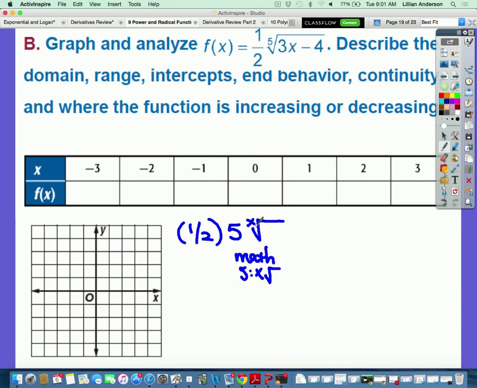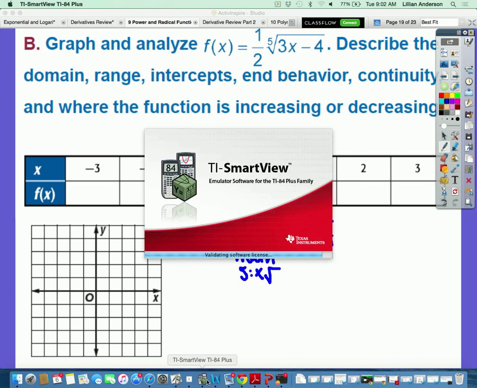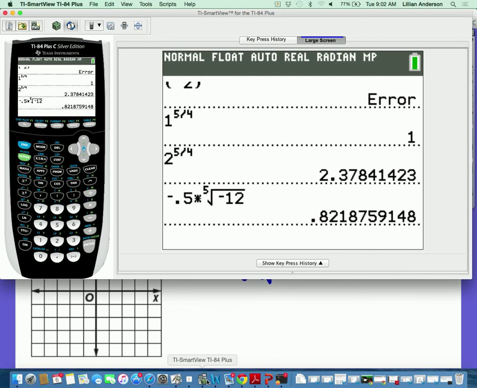So then this will pop up, or if you have one of those other ones, the 5 will pop up as the index. And you'll type in 3x minus 4. Okay? So again, you'll type in 1 divided by 2, 5. You click the math button and go down to option 5 and click enter. Did you guys get the x with the root? Good stuff. Now type in the rest of the function.